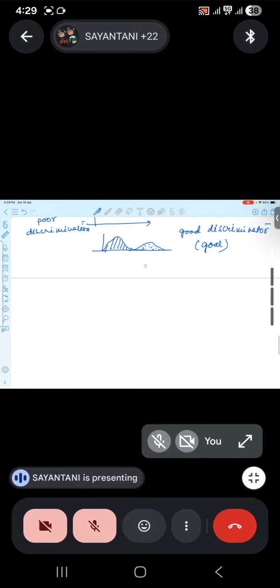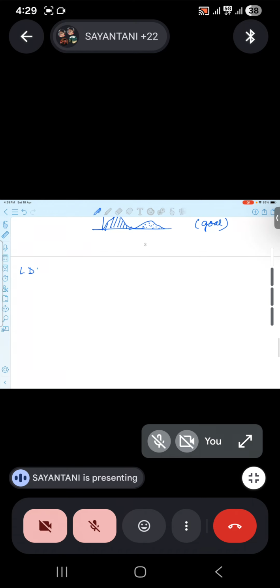And the first classifier which we are going to use is LDA, that is linear discriminant analysis. Now this LDA classifier has certain concepts very similar to principal component analysis, but there are other modifications also.